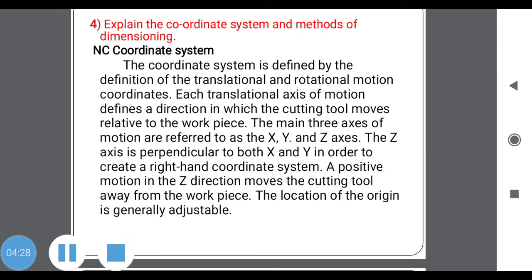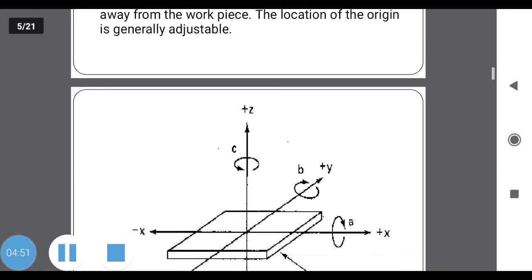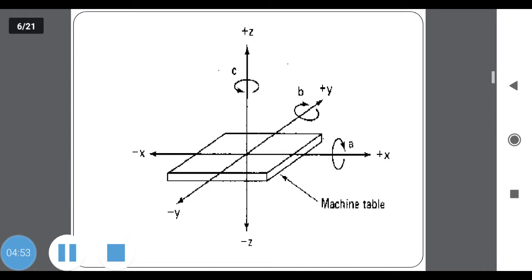A positive motion in the z direction moves the cutting tool away from the workpiece. Means if you move the tool in a positive z direction, the cutting tool moves away from the workpiece. The location of the origin is generally adjustable. Means we adjust it from the origin point. Here we know the 3 values in this diagram, x, y, z. The 3 values have two coordinates, positive and negative.